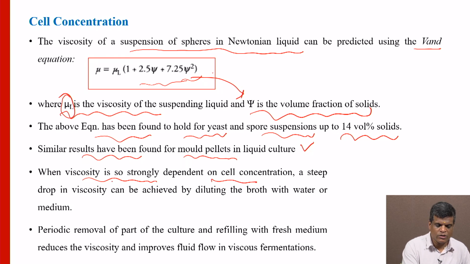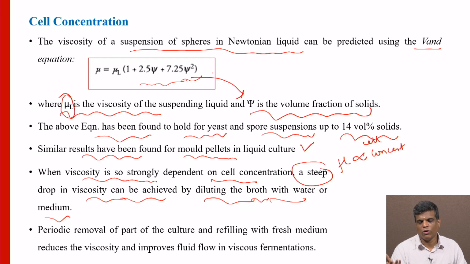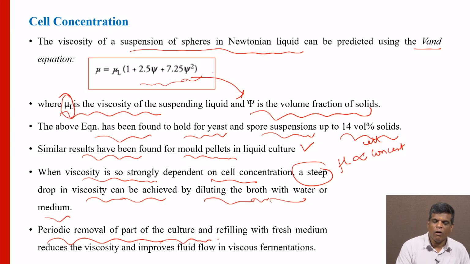A steep drop in viscosity can only be achieved by diluting the broth with water or with the medium, so that the viscosity sharply decreases. The other option is periodic removal of part of the culture and refilling with fresh medium, which reduces the viscosity and improves fluid flow in the viscous fermentation. That covers cell concentration.